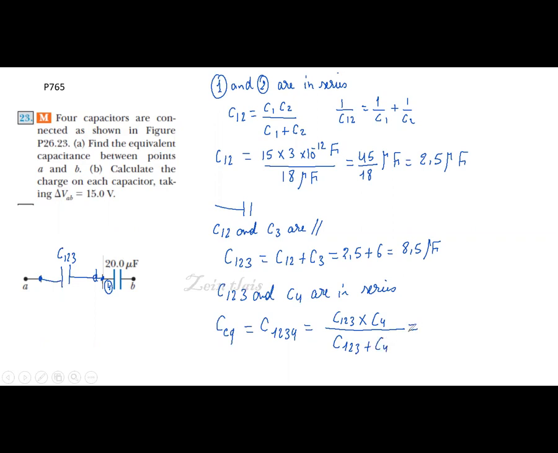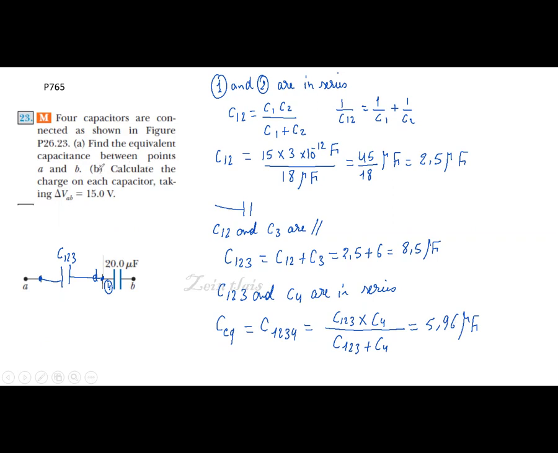The final answer will be 5.96 microfarad. Okay, this is the C equivalent between A and B.